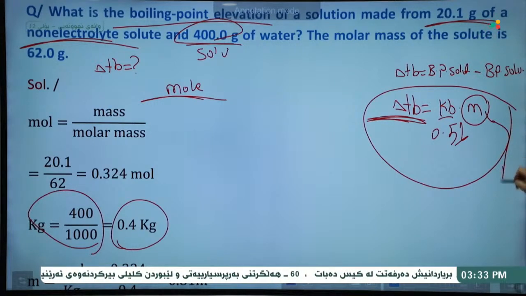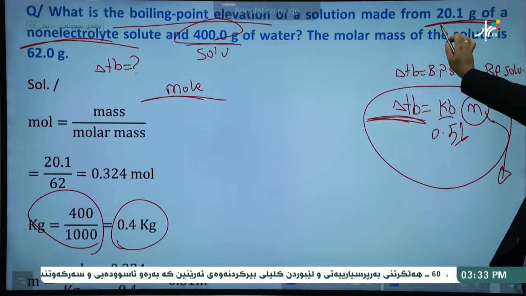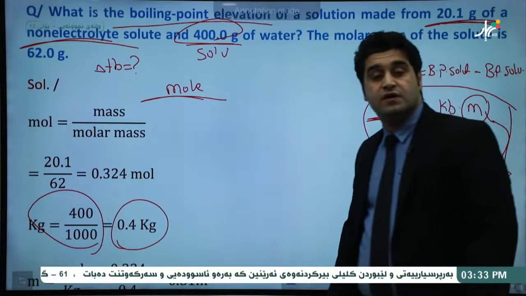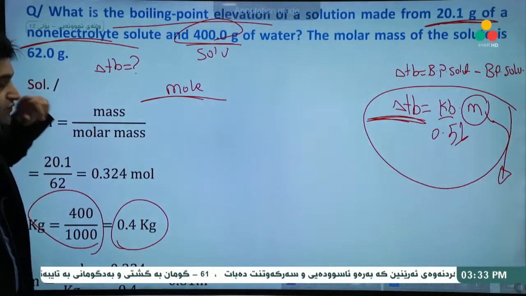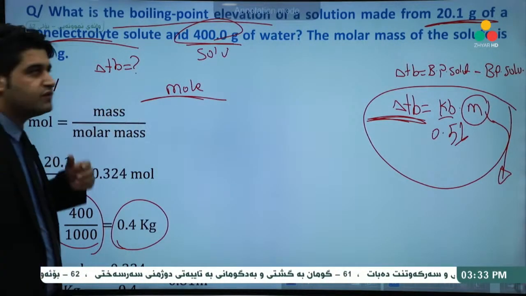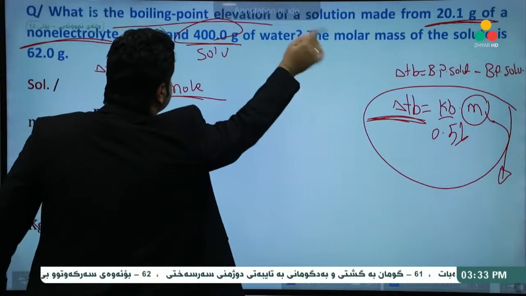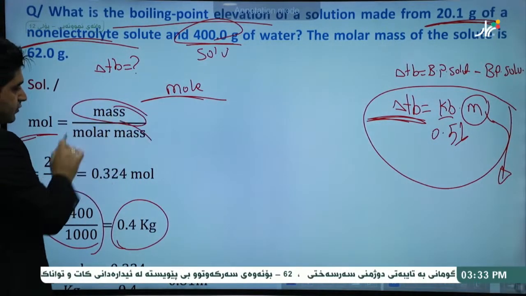How can we get the value of molality? Here we have mass of solute and mass of solvent, so we can calculate molality. But first of all, we should take the value of mole. Mole is equal to mass over molar mass.